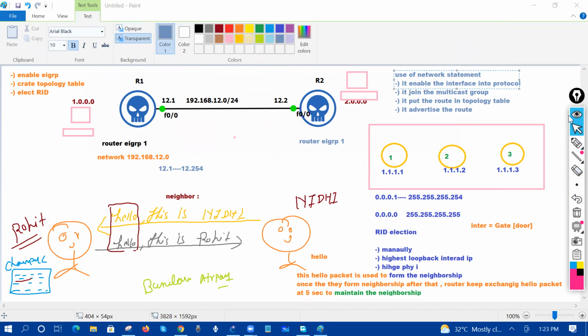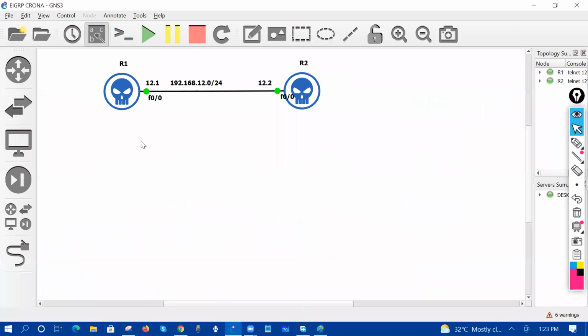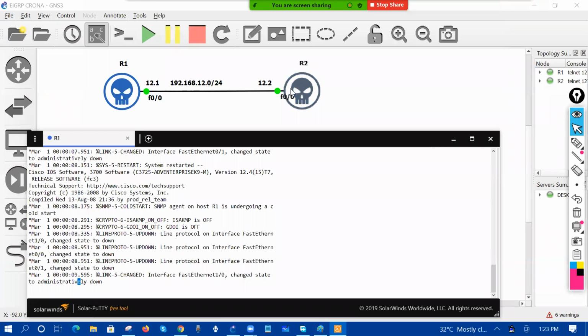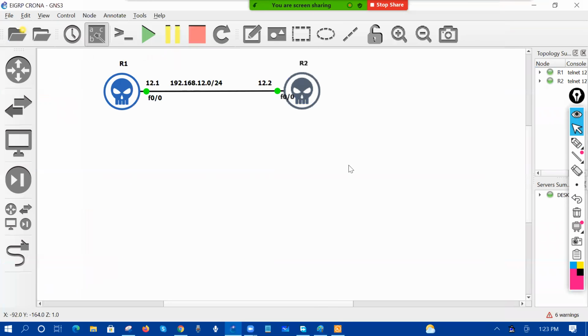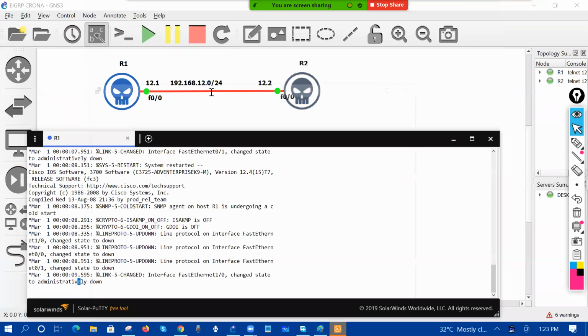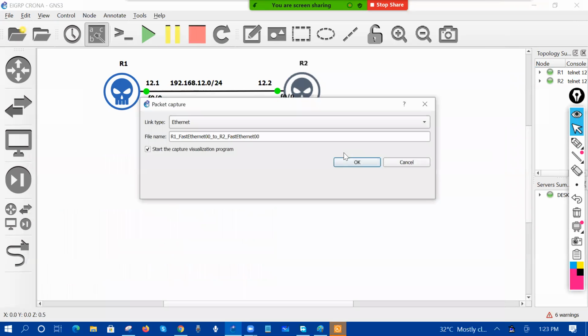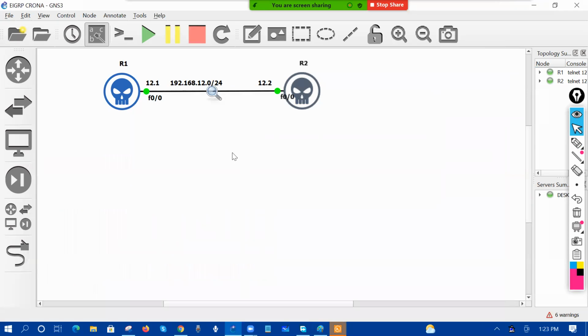If you have a look at the R2 console, capture this link as well, and I'll have a look back over there.